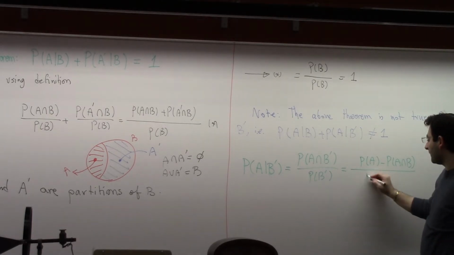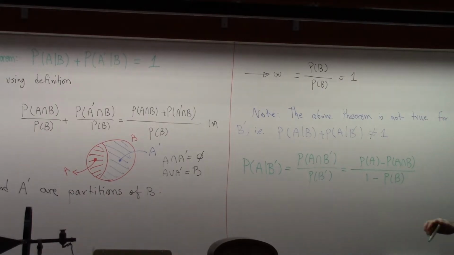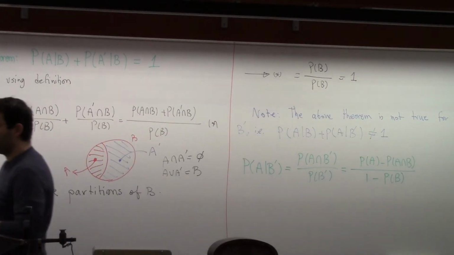And probability of B prime is 1 minus probability of B. If you add this with this definition, you see that we won't get 1.